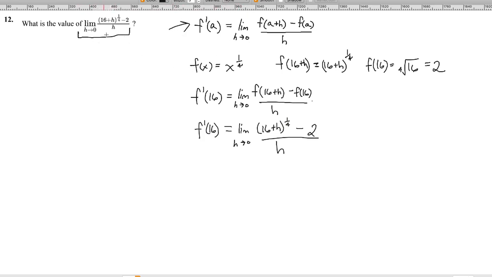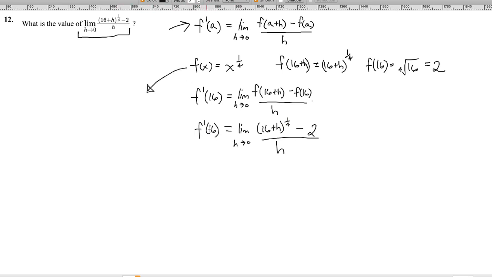You could also use L'Hopital's rule probably on this limit, and you don't even need to know that it's the definition of a derivative to get this limit. But I think we want to be able to identify that this actually is a definition of a derivative problem.